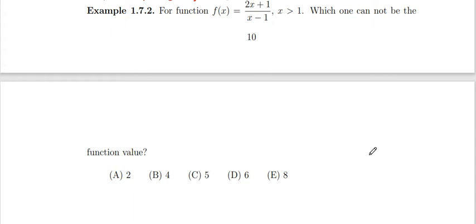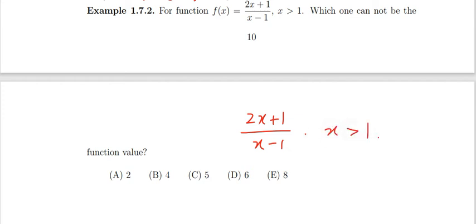This function can be this value, can be that value, but in this way it takes too much time. So let's consider this way: 2x plus 1 over x minus 1, with the condition x larger than 1.